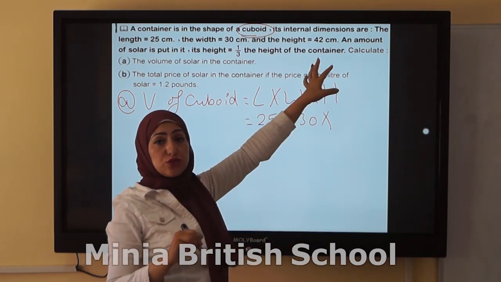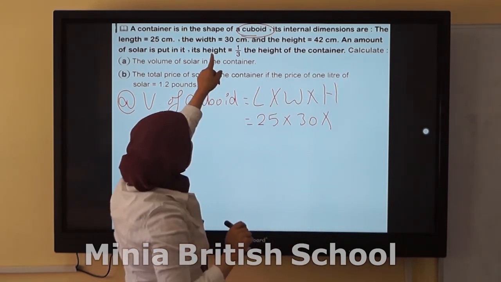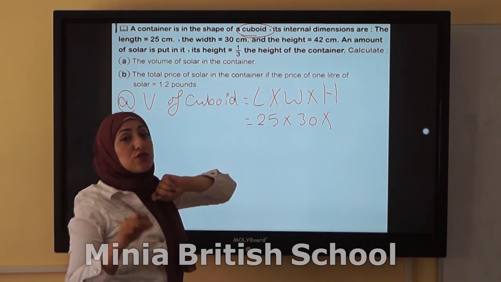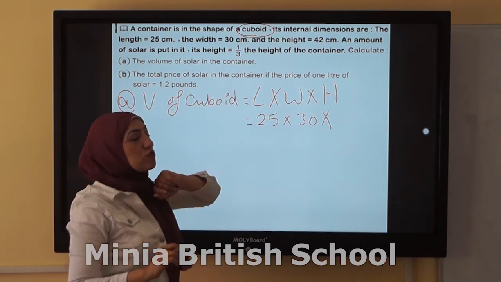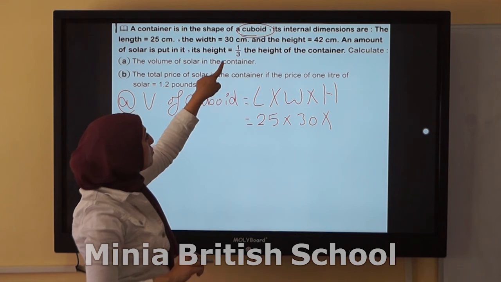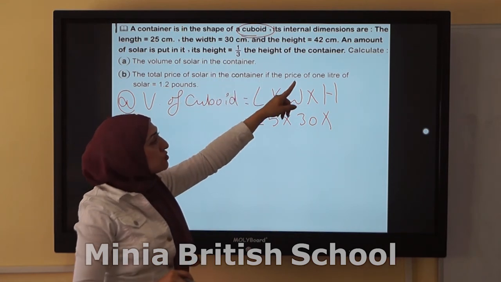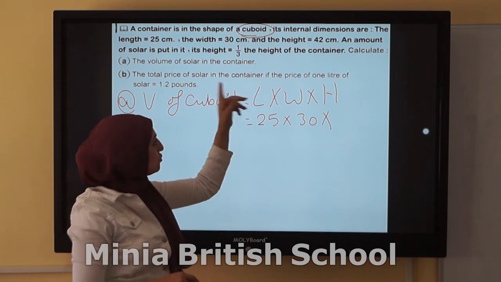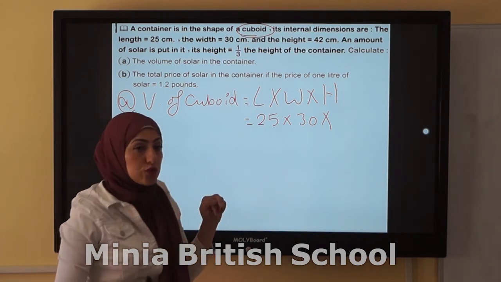Should I write 42? No, pay attention here. He said the height of the solar is a third of the height of the container. So I multiply a third by 42 or divide 42 by 3. 42 divided by 3 equals 14.